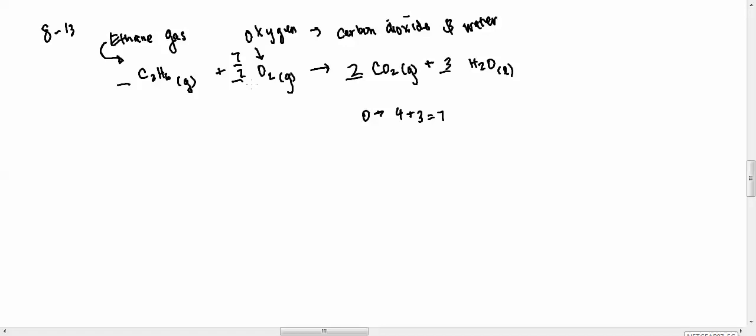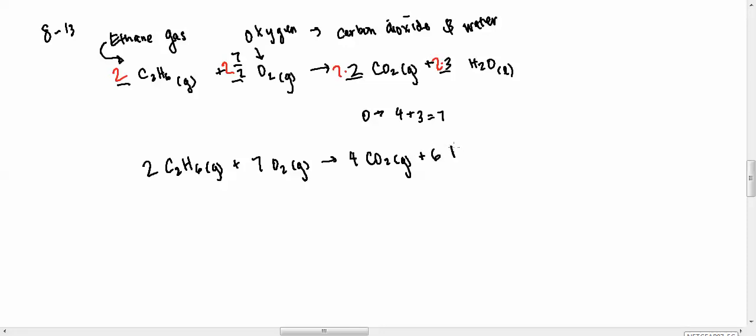So we're going to clear out that fraction by multiplying everything by the number 2. So I'll put a 2 here, a 2 here, a 2 here, and a 2 here. Now writing that out, I end up getting 2 C2H6 gas plus 7 O2 gas yields 4 CO2 gas plus 6 H2O liquid.